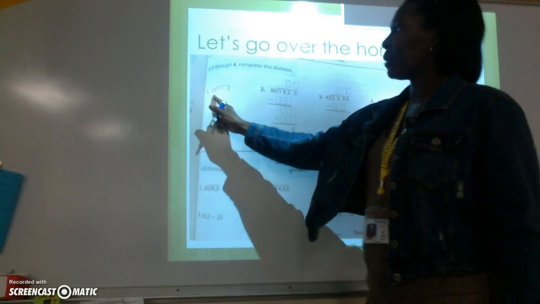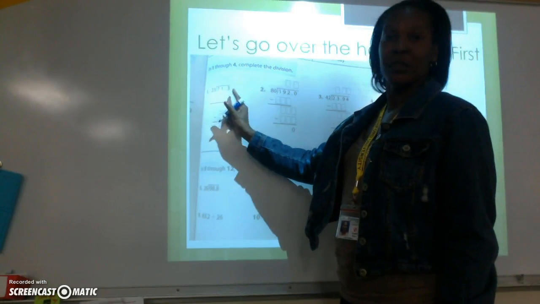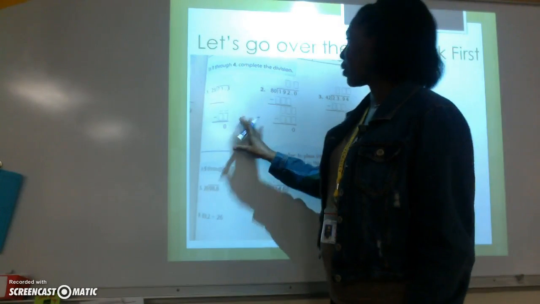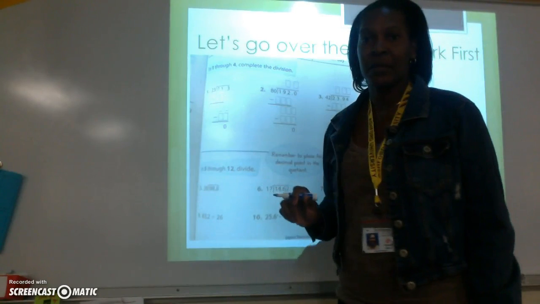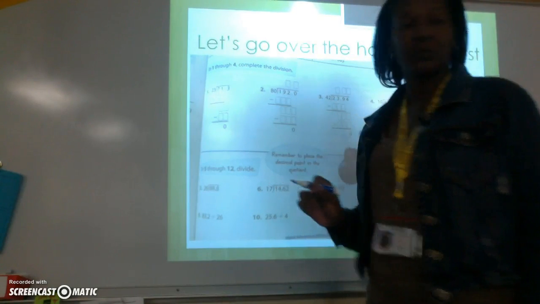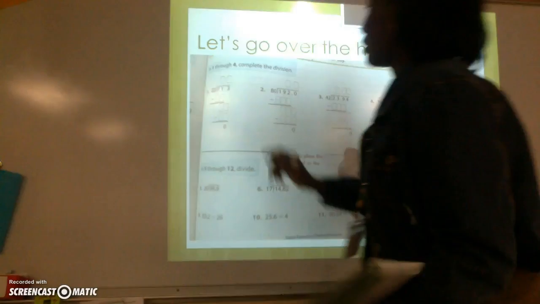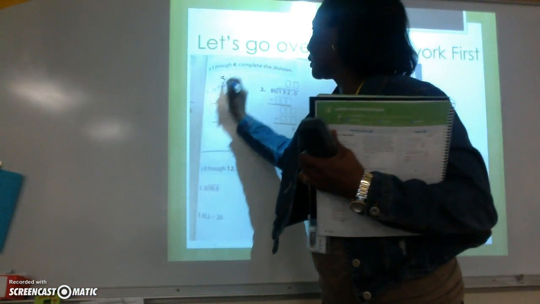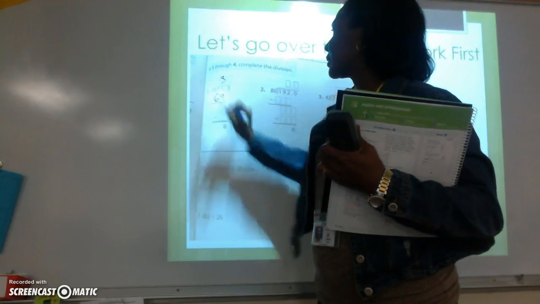So you should be able to keep up with me that way, even if you are having trouble looking. Your first problem was 23 divided into 71.3. The answer you should have come up with: 23 will go into 71 how many times? 3. 3 times 23: 3 times 3 is 9, 3 times 2 is 6.